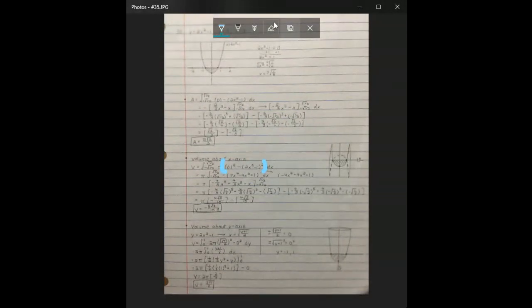Now, so one radius is 0. One radius is 2x squared minus 1. Right. Just explain to us why one radius is 0, the other radius is 2x squared minus 1. You can draw on your graph.